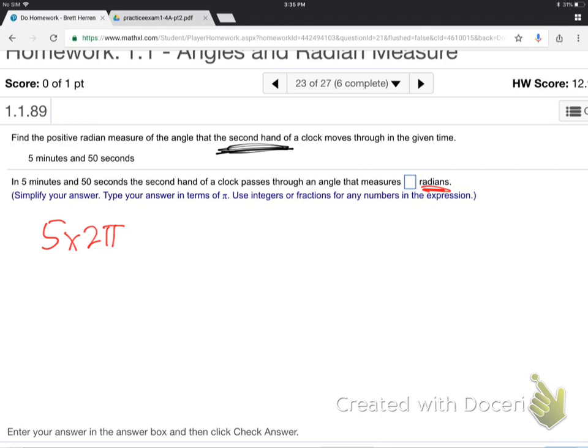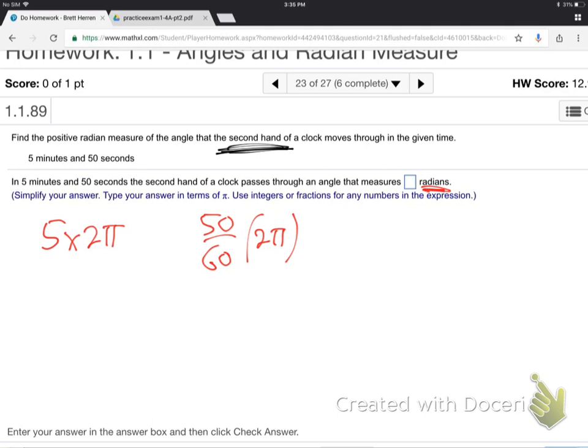Now what about the 50 seconds? It doesn't quite make it all the way around again. In 50 seconds, what portion of the circle does it complete? Almost all of it. On the clock, it would be 50 60ths of all the way around, because 60 seconds is all the way around.